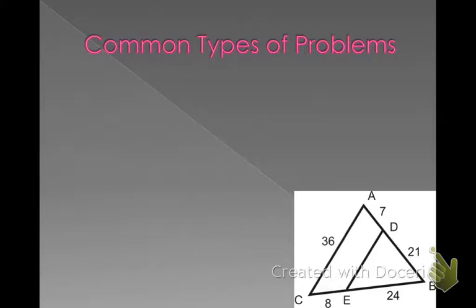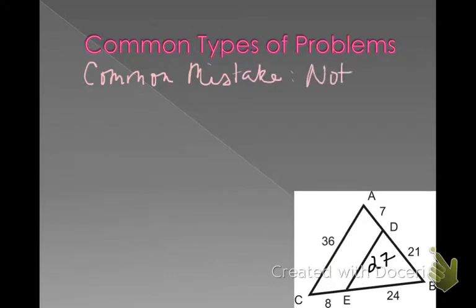Another common type of problem, we have this overlapping triangle here, and let me get the missing value here. This is going to be 27. This is a really common misconception, or common mistake: not adding the pieces together.